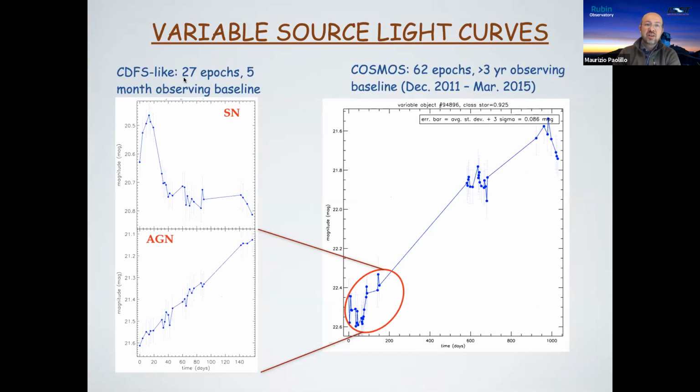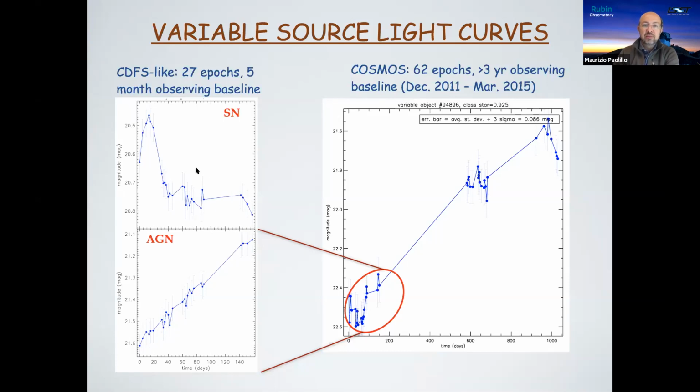In the CDFS, we have 27 epochs over 5 months, and this is a typical light curve of a supernova, where the error bars here are computed looking at the scattering in the source. So it's not hypothetical; it's measured on the images themselves and includes all calibration uncertainties, and clearly AGN stand out.